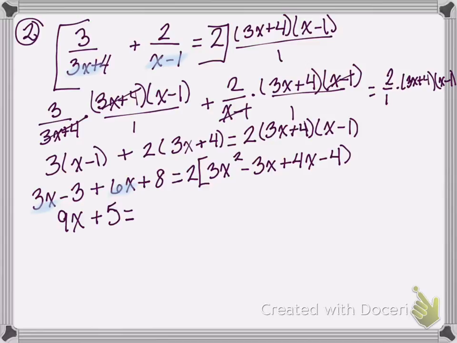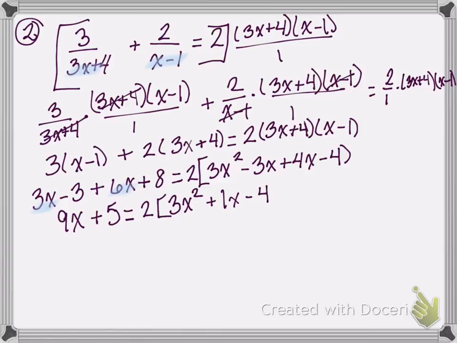Okay, I'm not going to distribute on the right-hand side yet because I've got some terms that need to be combined first. So I have 3x squared plus 1x. So that negative 3x and positive 4x combines and gives me 1x. And then I'm left with negative 4.